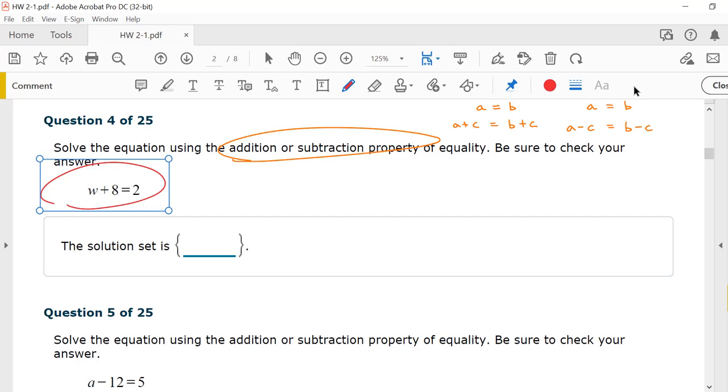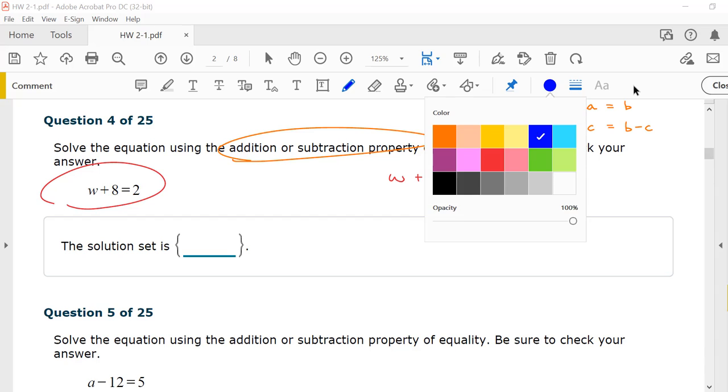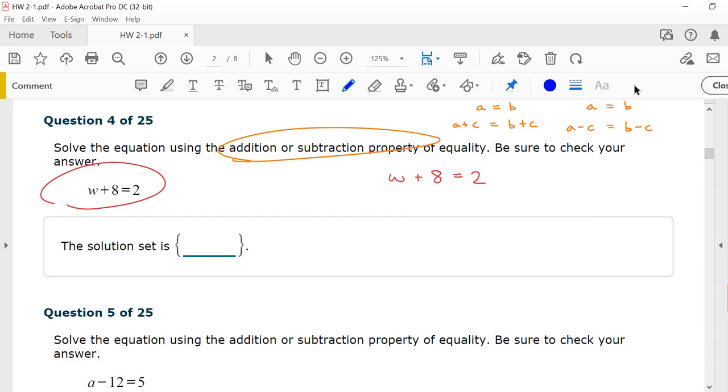Okay, we have W plus 8 equals 2. That's our equation. We're trying to isolate and get W by itself. Right now, we have W plus 8. We need to get that plus 8 to the other side. So I'm going to subtract 8 from both sides.